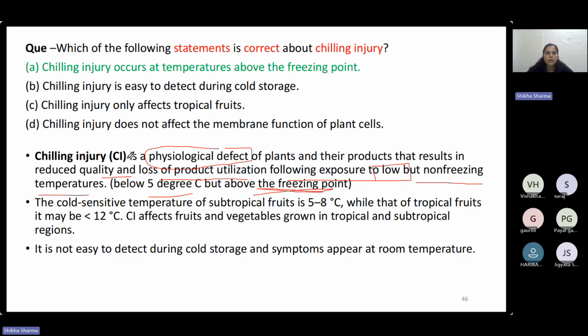Above the freezing point, it can happen. This kind of injury is chilling injury. So the first option is correct. The cold sensitive temperature of subtropical fruits is 5 to 8 degrees Celsius, while that of tropical fruit is less than 12 degrees Celsius.